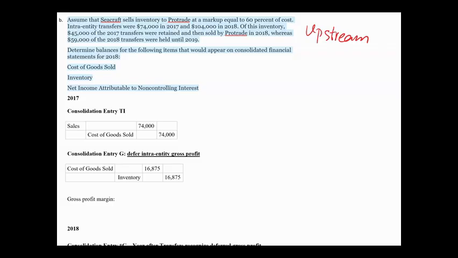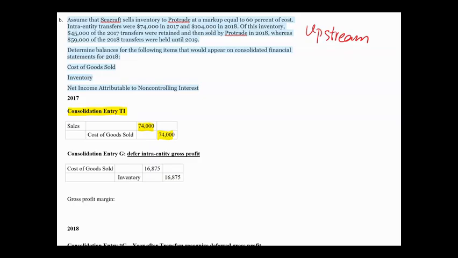For 2017, this is the first year of transfer, and we are going to prepare two entries. The first one is entry TI, and we use entry TI to eliminate the intra-entity sales amount, which is 74,000. So debit sales and credit cost of goods sold.